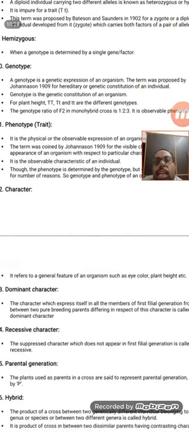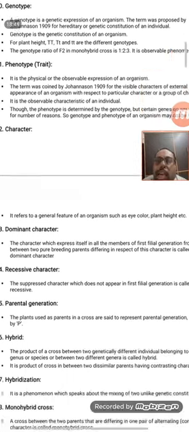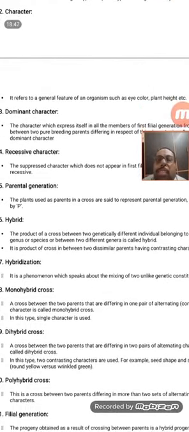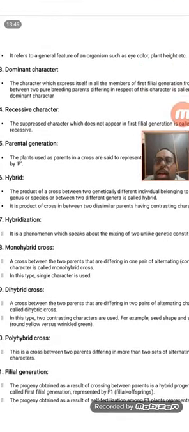And then comes character, which means a general feature of an organism. How can I generalize it, that this particular organism is tall, this one is short? These are called characters. And the other one is monohybrid, we will study about that.